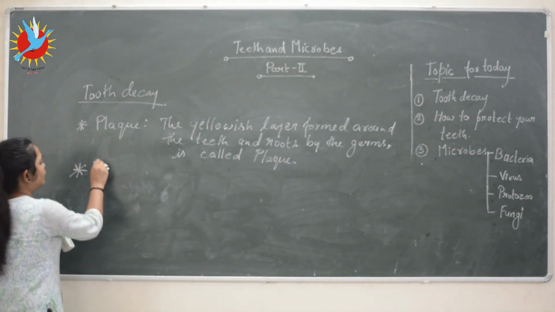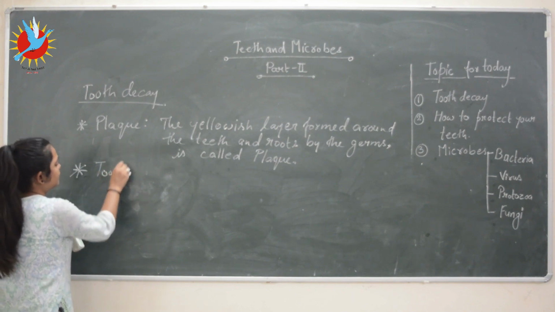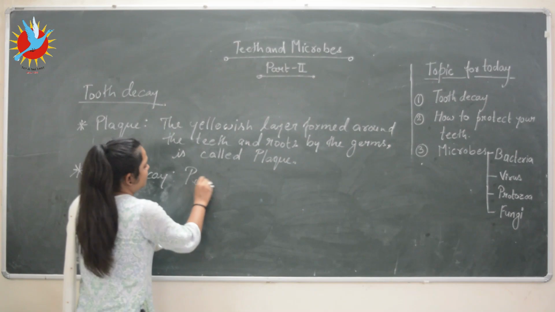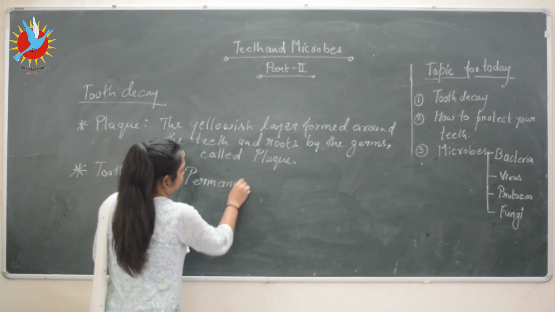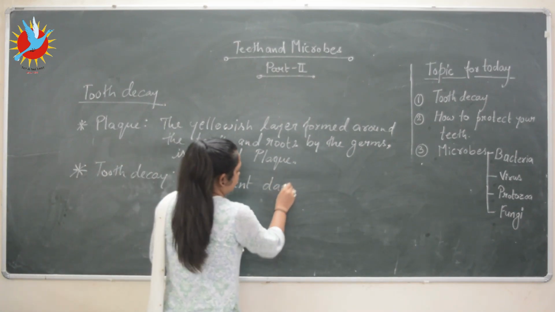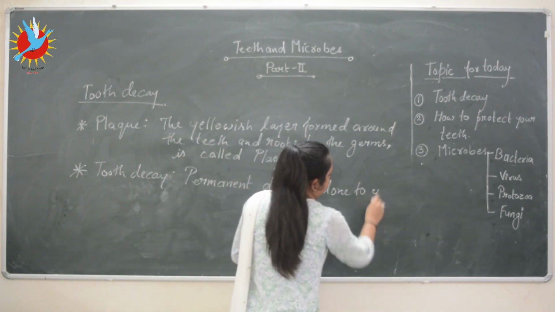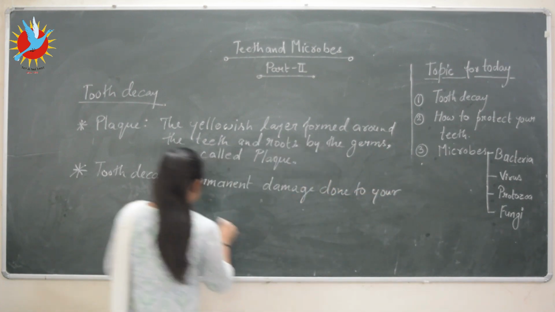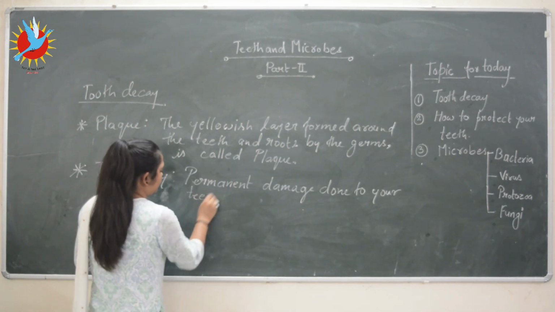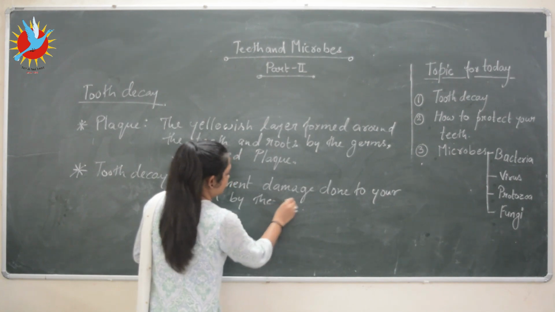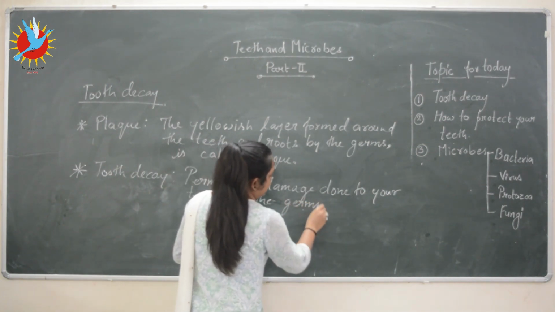Okay, so here I am going to write down the definition of tooth decay. Permanent damage done to your teeth by the germs or bacteria.